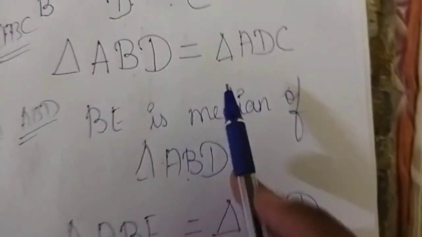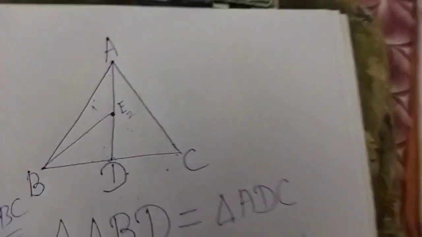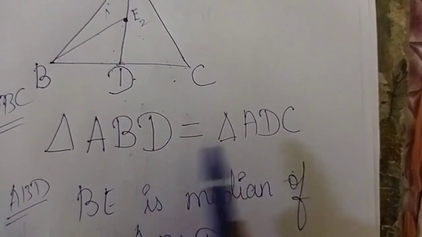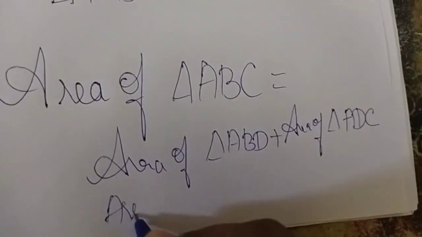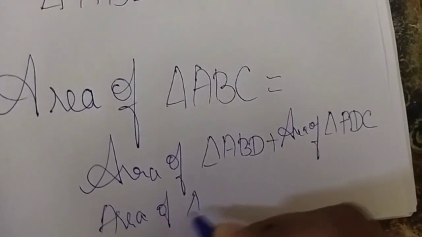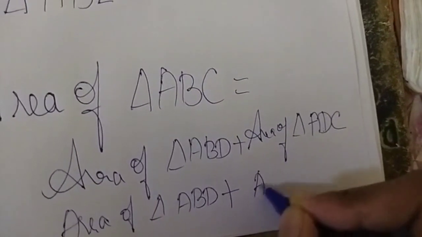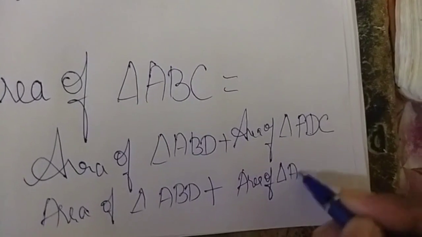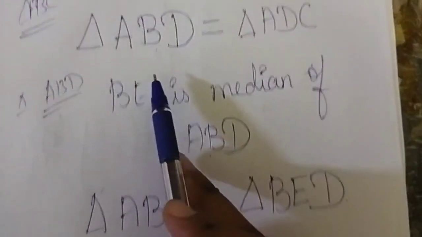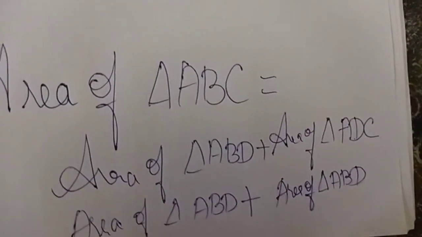But we have a relation that ABD and ADC are equal, right? So shall I substitute here area of triangle ABD plus, instead of triangle ADC, triangle ABD? I can, because ABD and ADC are equal. Now we have ABD plus ABD, which is nothing but 2 area of ABD.